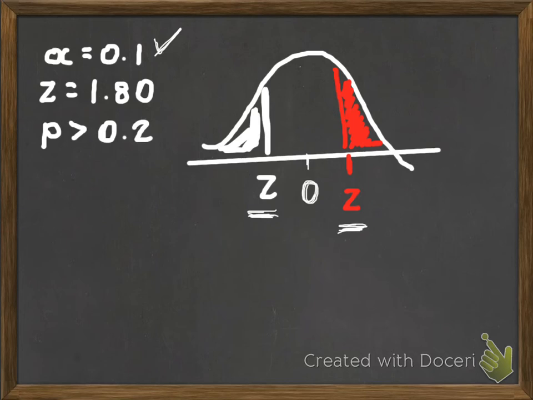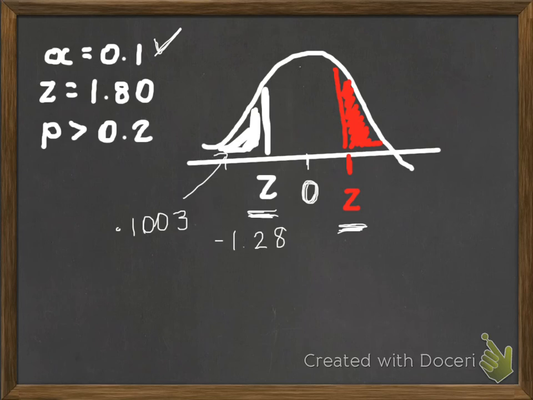So if you look there, you should find the closest value to 0.1 is this area here, 0.1003. And that corresponds to a z-score of minus 1.28.